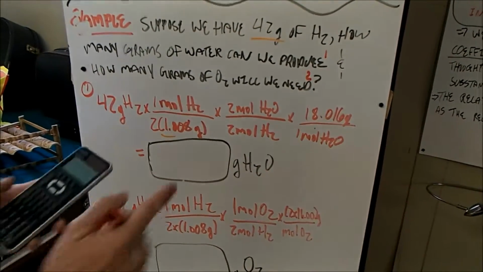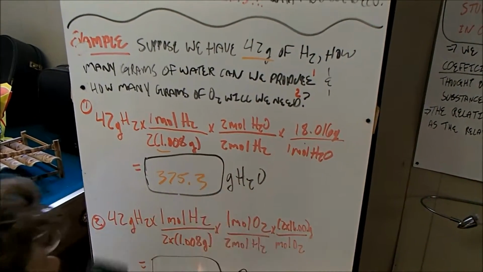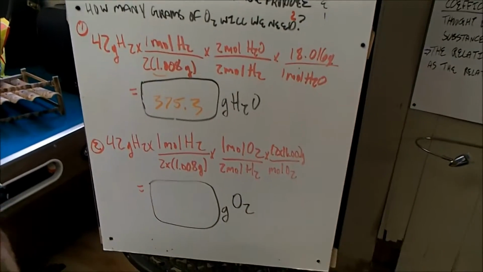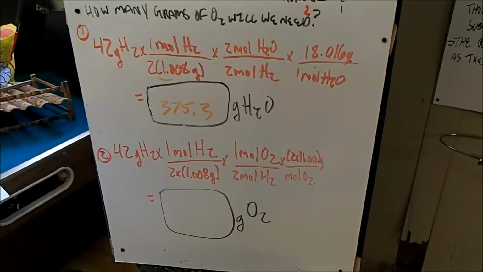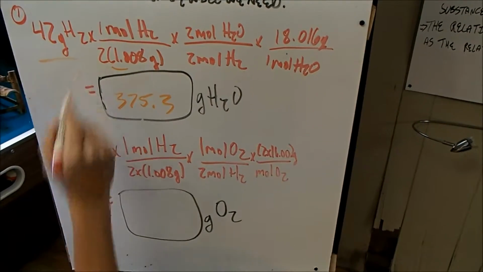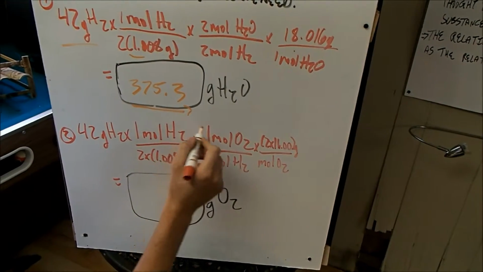We get 375.3 grams of water from 42 grams of hydrogen. But now we want to know how many grams of oxygen we needed to react with the 42 grams of hydrogen. We can even go backwards from the water and go straight to the oxygen, but we're not.